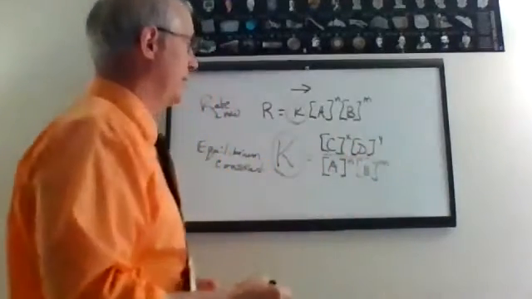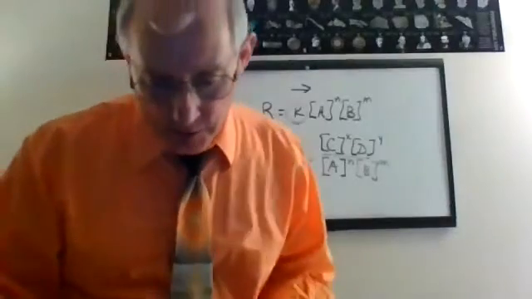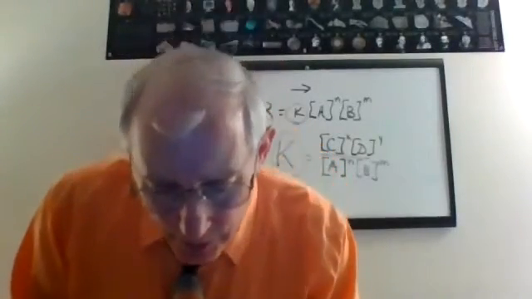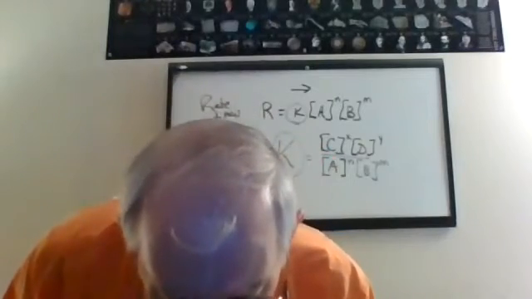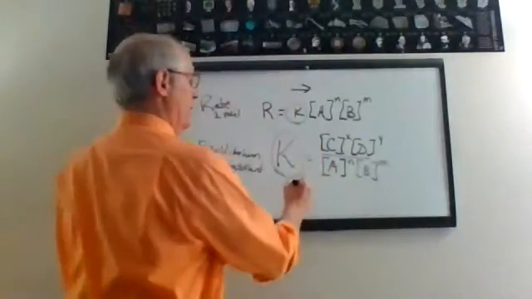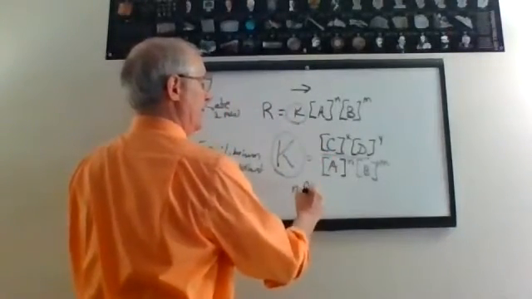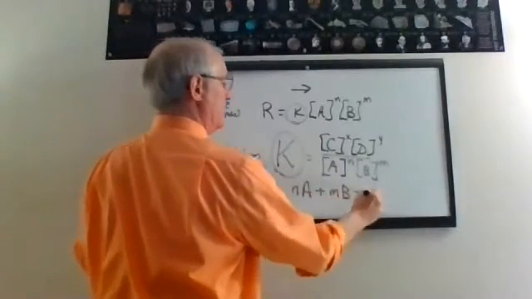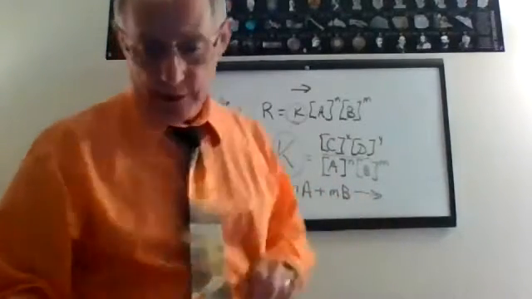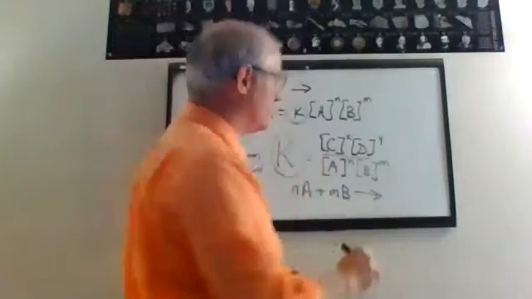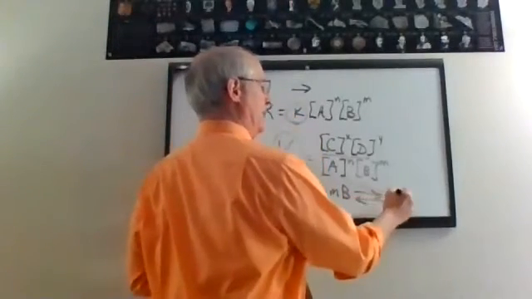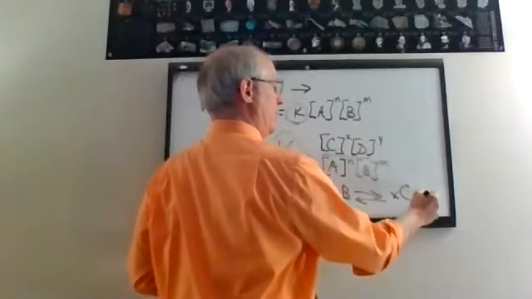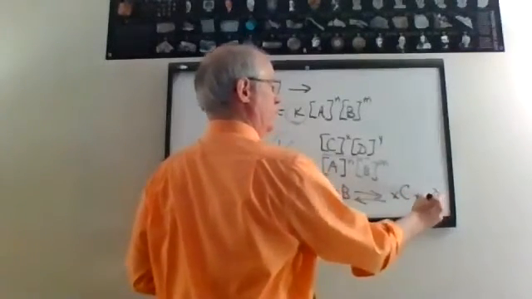And this is the way it is for an equation that is proceeding to the right initially. So it's like this. It's like N A plus M B yields, and don't forget, it's a two-way equation, X C plus Y D.